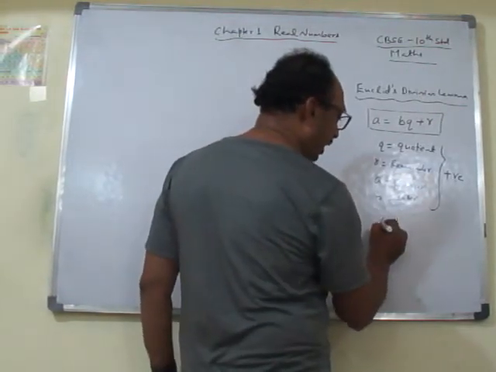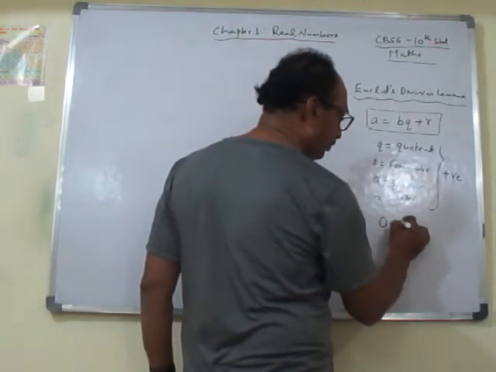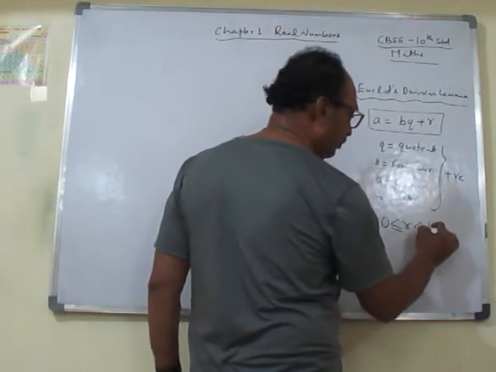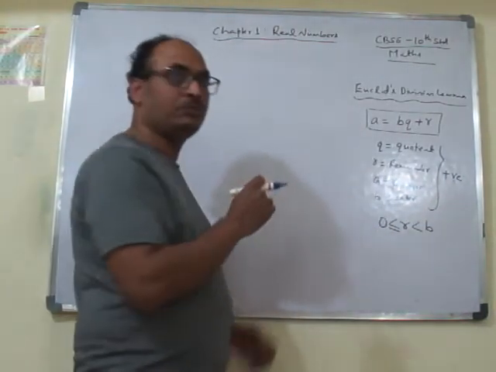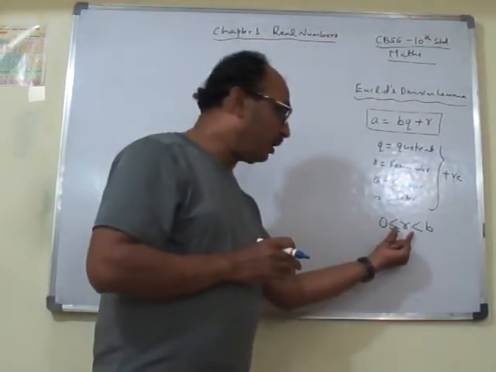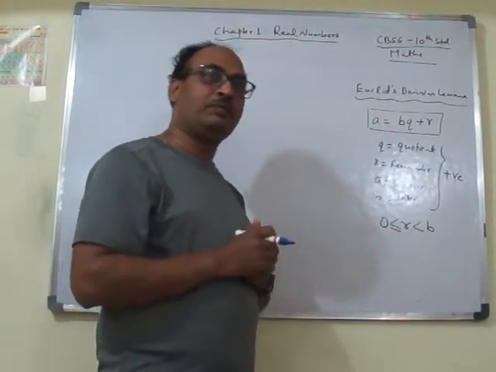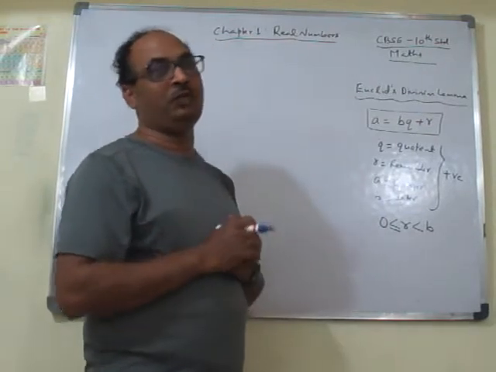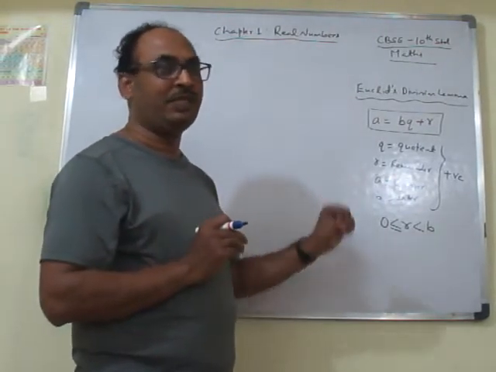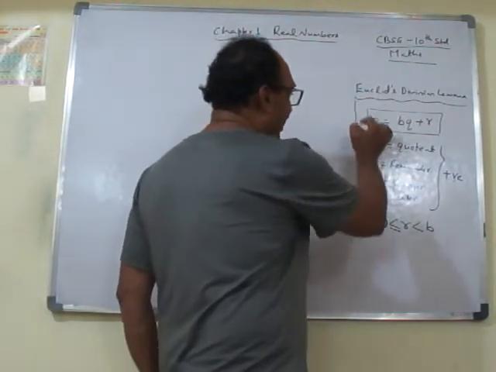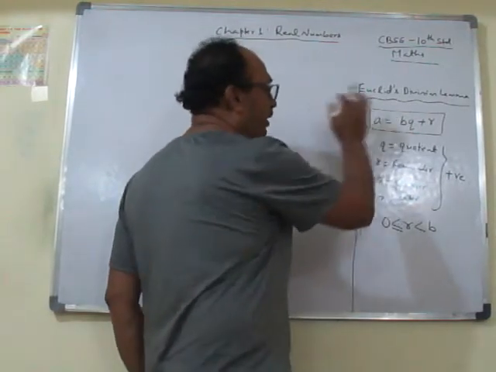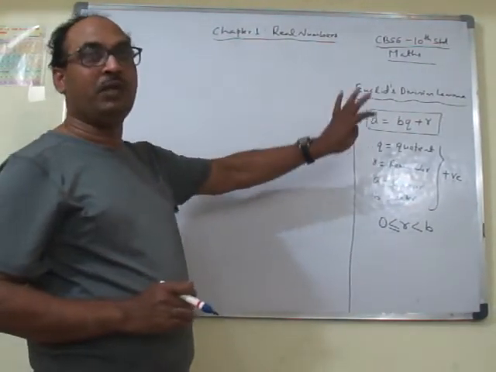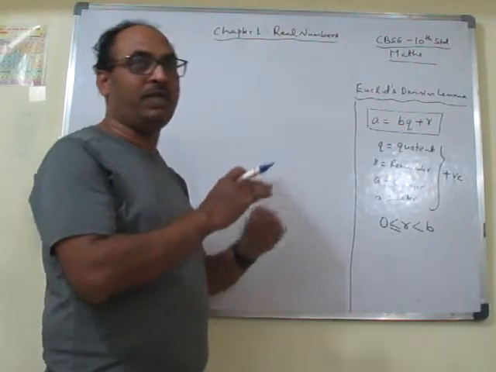That r should be less than b and greater than or equal to 0. Correct? So if this condition is satisfied, Euclid's division lemma holds.